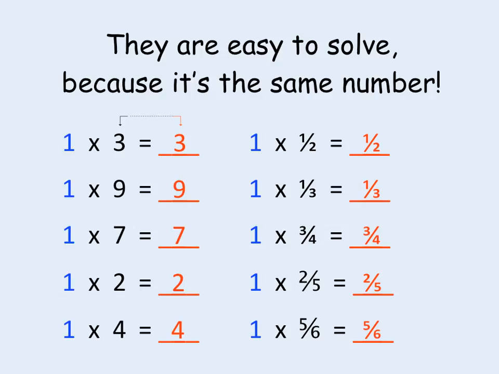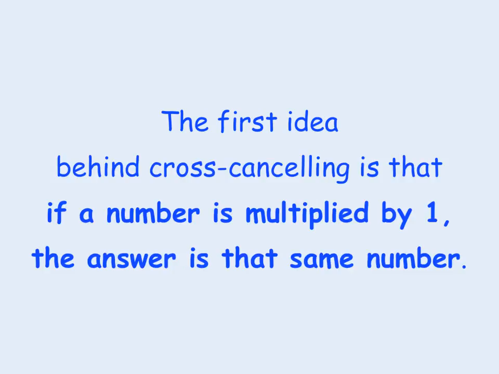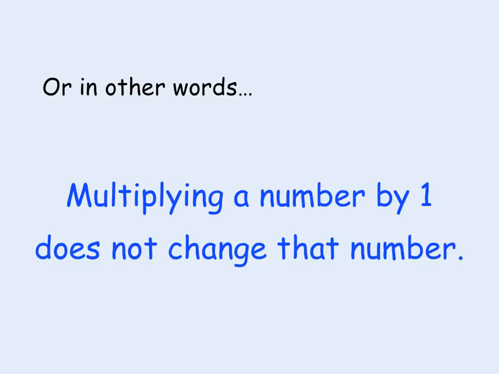And it works the same with fractions. Up on the top right, you see 1 times 1/2 is 1/2. The first idea behind cross-canceling is that if a number is multiplied by 1, the answer is the same number. Or in other words, multiplying a number by 1 does not change that number.